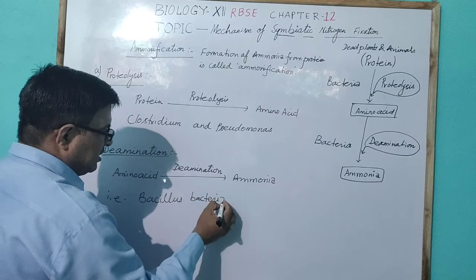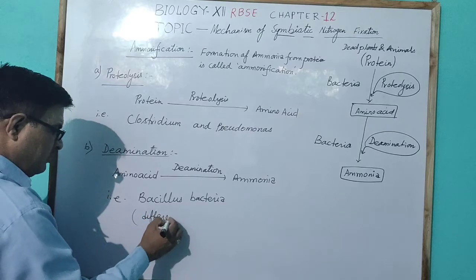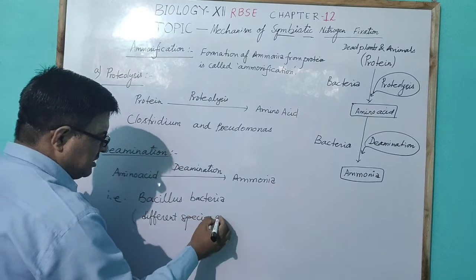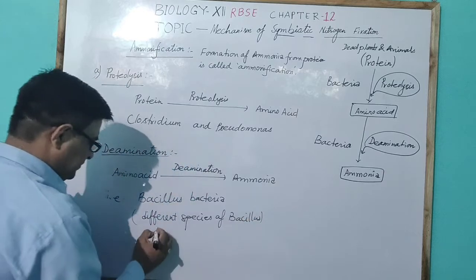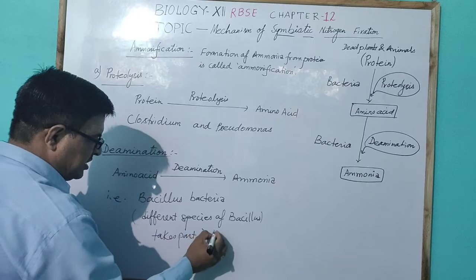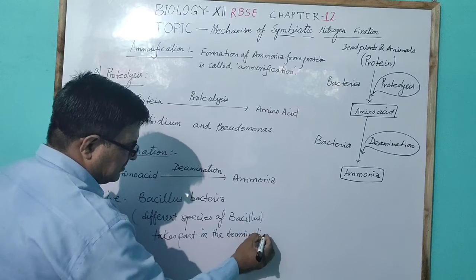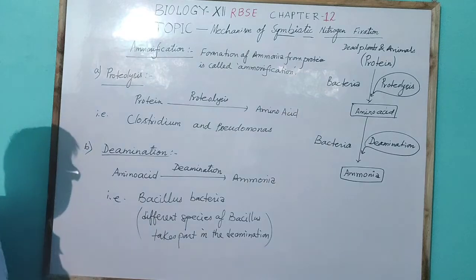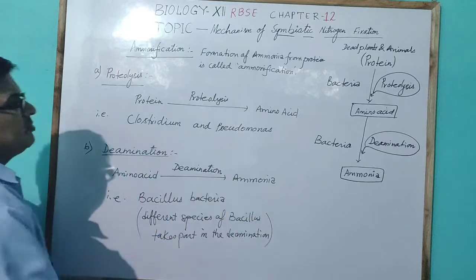Bacillus bacteria means different species of Bacillus. Here different species of Bacillus take part in the deamination process, in which the conversion of amino acid into ammonia takes place.